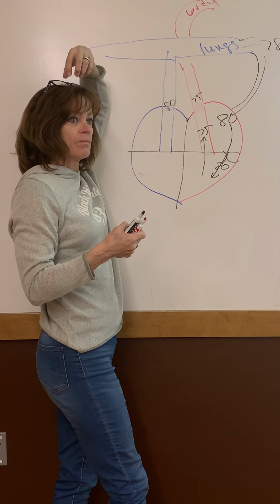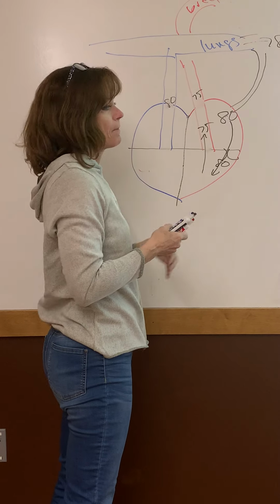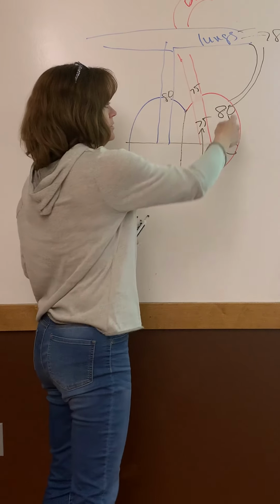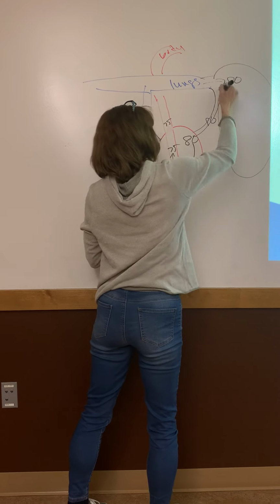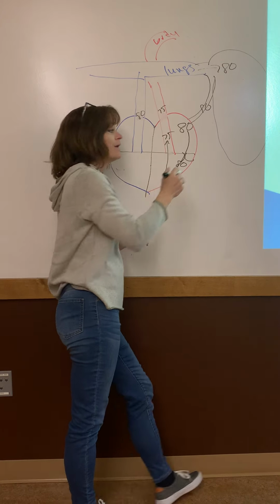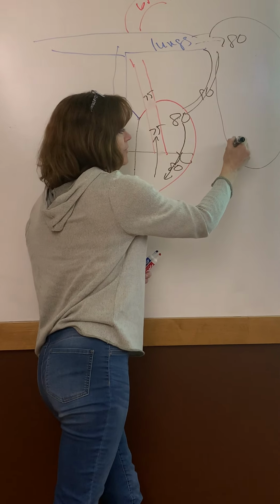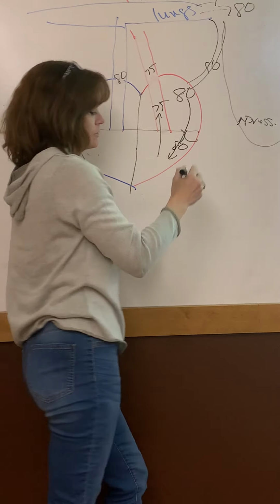No. It can cause clots. Where is this 80 mils coming from? Guess where it backs up? In the lungs. So now I've got high pressure in the vessels of the lungs.